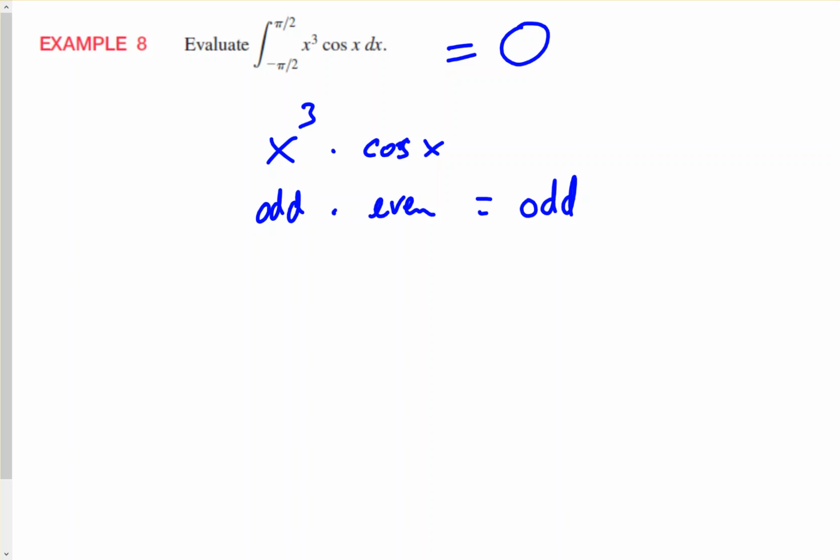Okay, so therefore, when you go to evaluate this, and this is true for any time if you have an odd function and the two bounds are equal distance from your origin. You go the same distance to the left as you're going to the right. The two areas will cancel each other and you'll get 0.